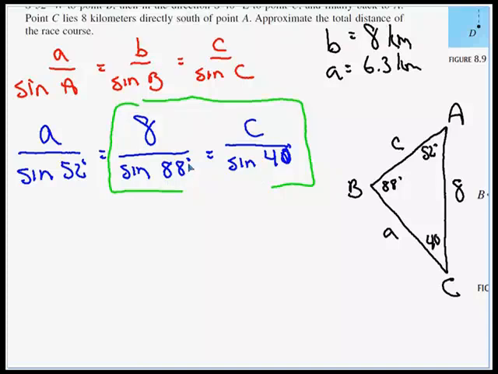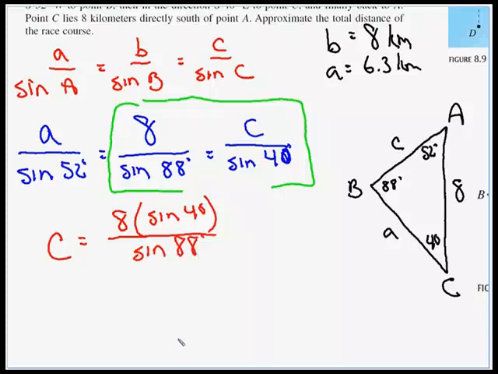Cross multiply to find C. C is going to be equal to 8 times the sine of 40 divided by the sine of 88 degrees. And we punch that into the calculator, and C comes out to be approximately 5.15 kilometers. So C is 5.15 kilometers.